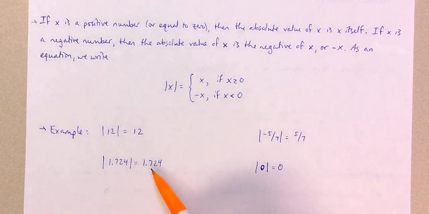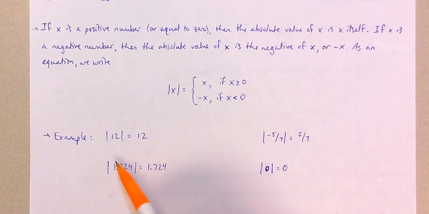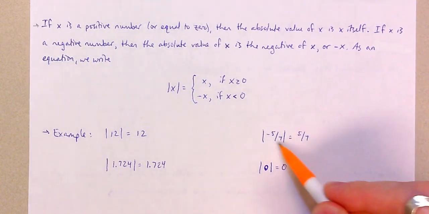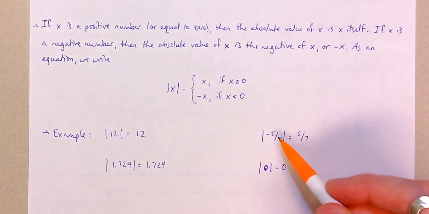And here are some samples to just wrap up this video. The absolute value of 12, 12 is 12 away from 0, so that is 12. Negative 5/7, again, the absolute value of a negative number is the negative of that number.